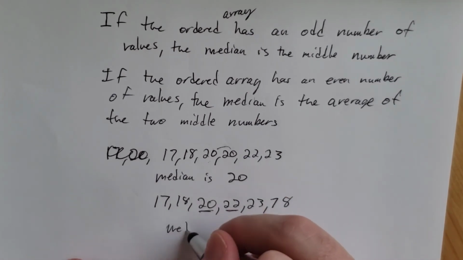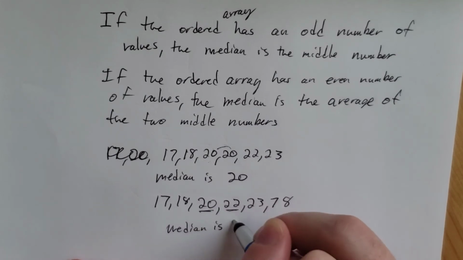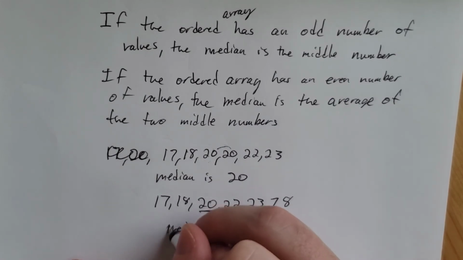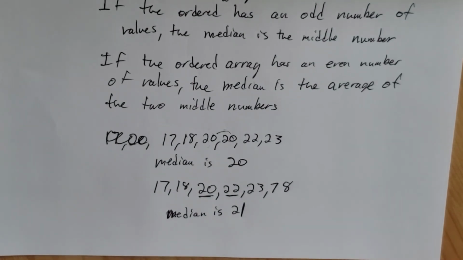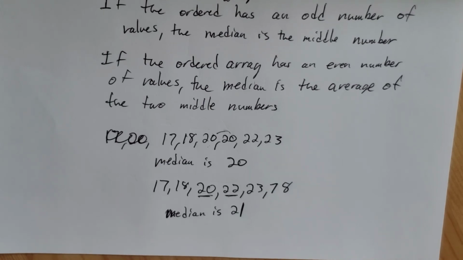So here the median is 21. So notice that the extreme value did not change the median by nearly as much as the mean. So in this case, where there are extreme values, perhaps the median is a better idea of where the center of our data is, relative to the mean.